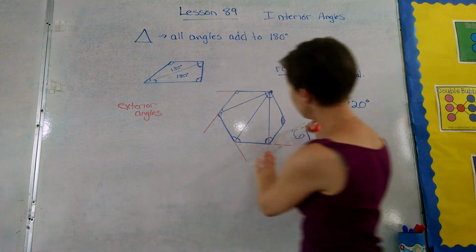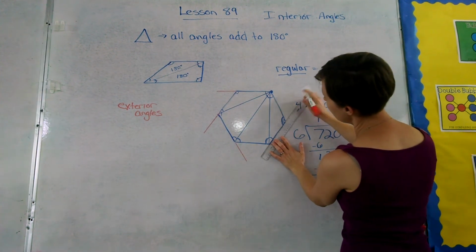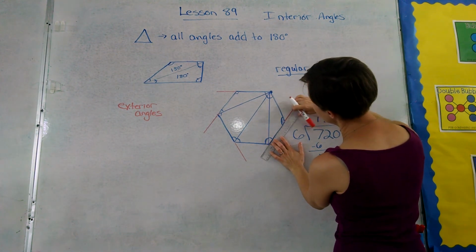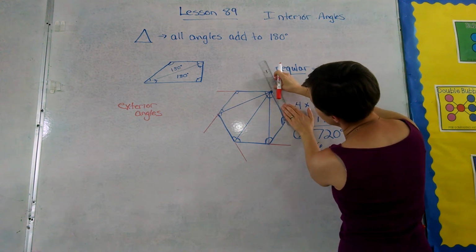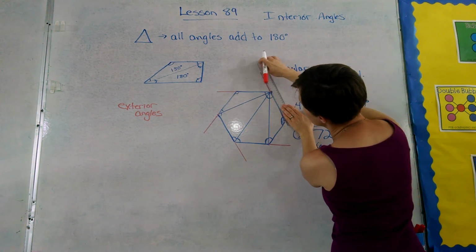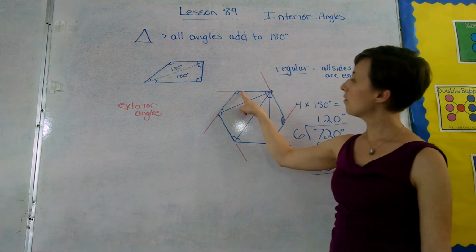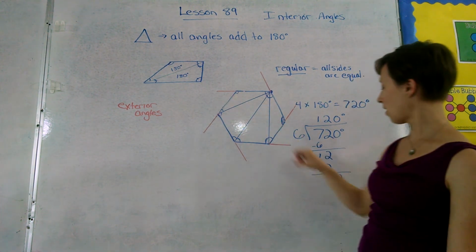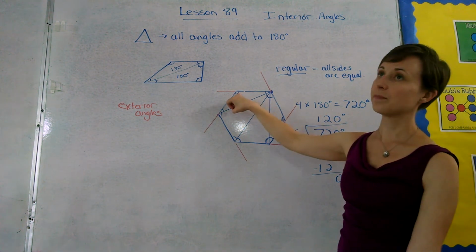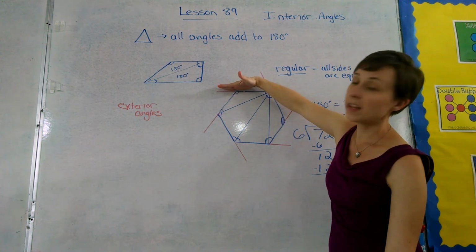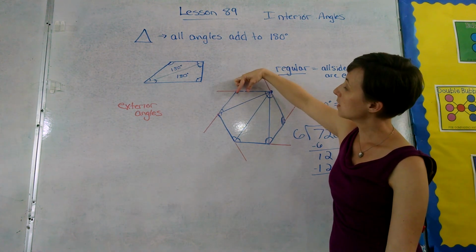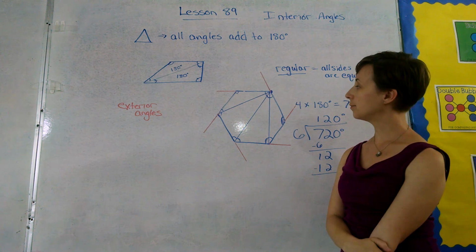When I first look at exterior angles, I notice that because they are a straight line, I can calculate them using my interior angles. For example, if I know what this angle is, we just calculated that it is 120. I know that this is a straight line, which is 180, minus my 120, would give me my angle.